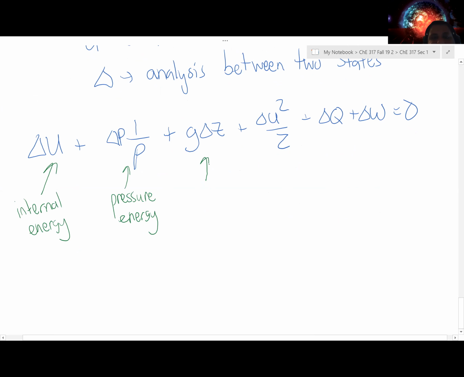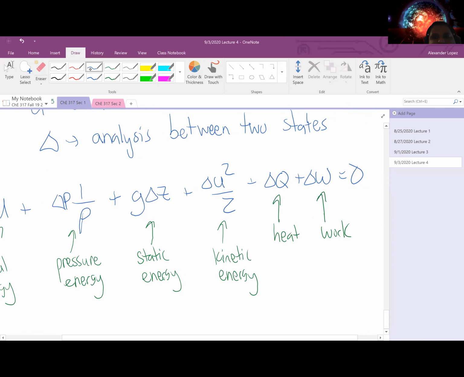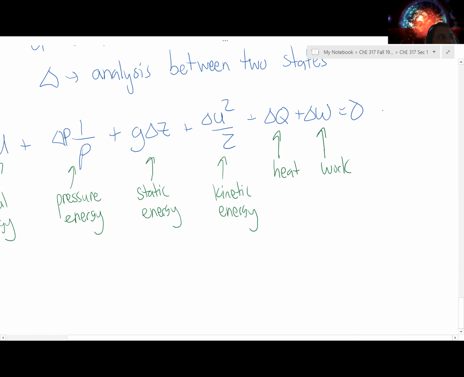This is our static or potential energy. This is our kinetic energy. Then we have our heat transfer and our work, that's either done on or by the system. So we have this expression. It looks slightly simplified, but we can do a little bit more.